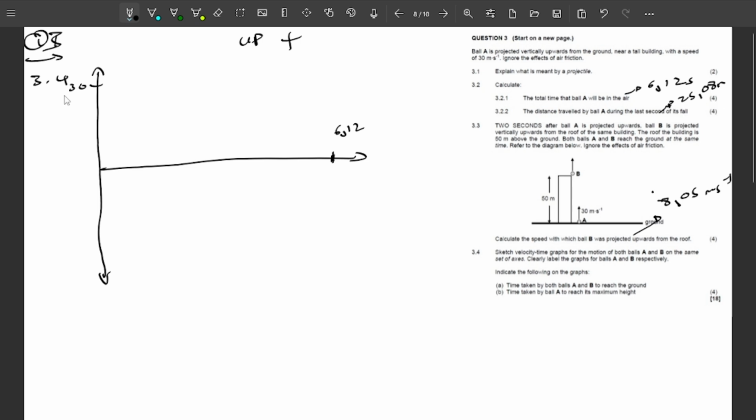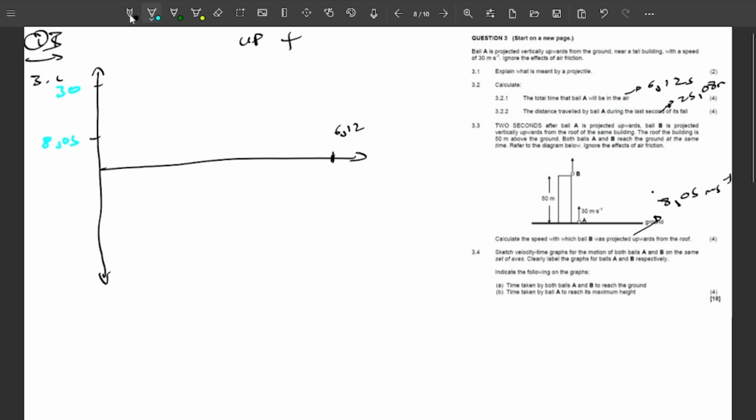After this, what is the V initial of ball B? Let me use a different marker. Ball A is 30. Ball B was 8.05 meters per second.